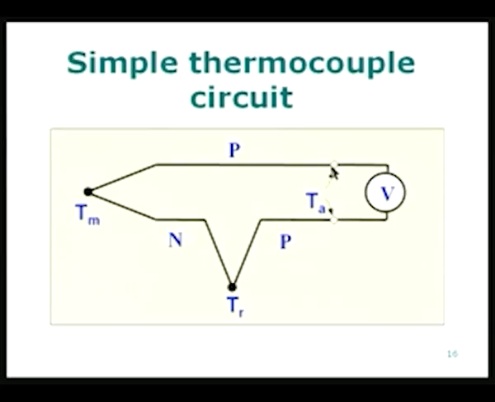And then I have got two terminals where the P material, or the positive material, has come and is attached. These two terminals are the terminals of the voltmeter, because the voltmeter has to be connected to measure the voltage across the two thermocouple wires. Therefore, you have got two terminals, and chances are the wire which is connecting inside is not necessarily either P or N material. Chances are it is a different material.